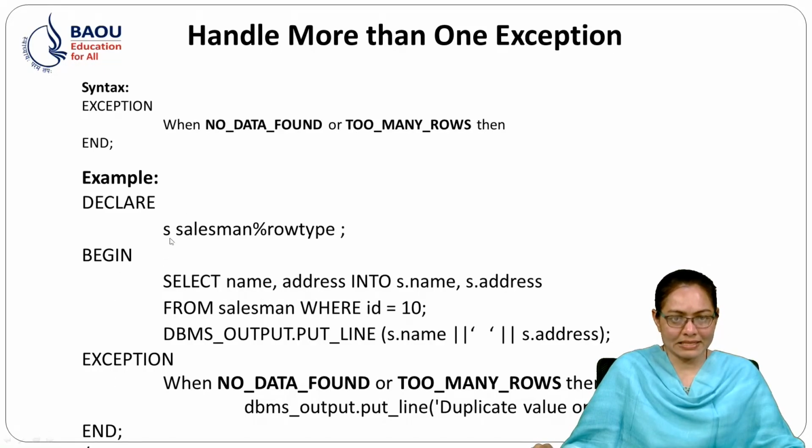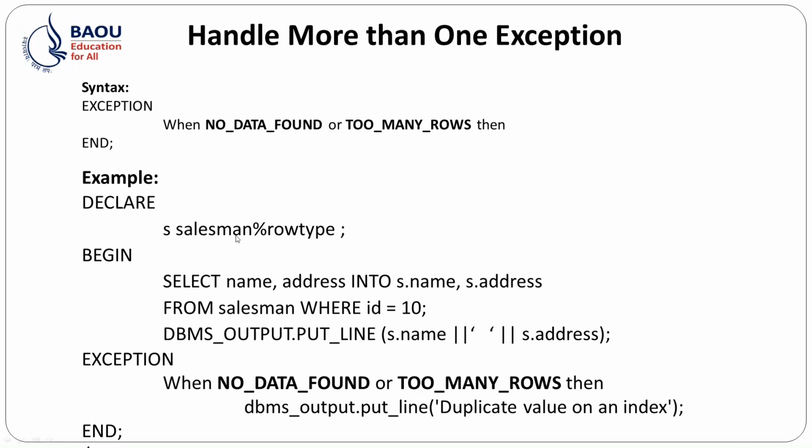See, in the example, here S is a variable of object type, and the salesman table has a percent row type, so all the columns are fetched into this variable S. Here in the begin, select name, address into S.name, S.address.